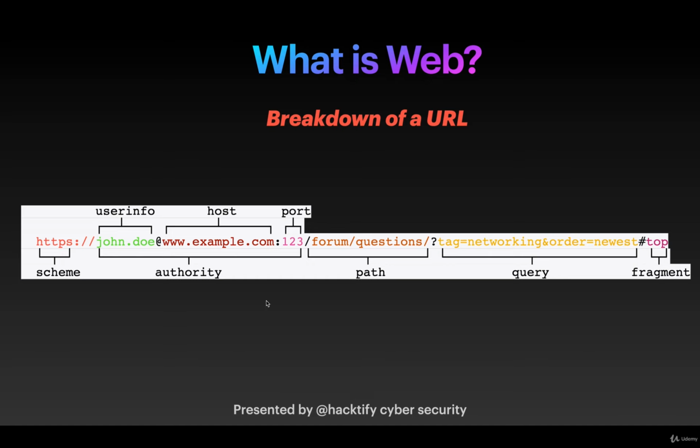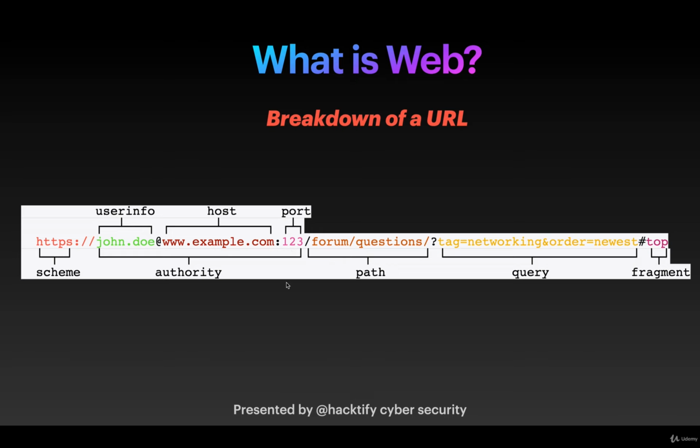So in case I'm a client and I'm using this URL in my browser with the port number 123, then my request is going to be transferred to the server, which is example.com, through port number 123. All right.